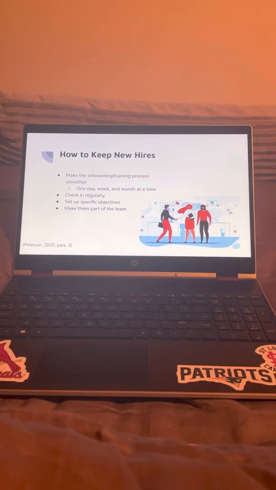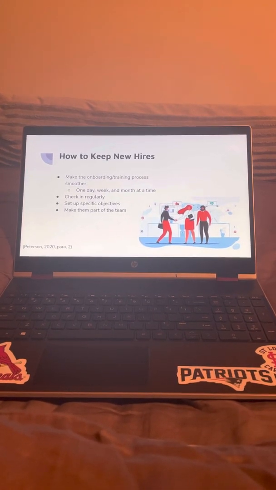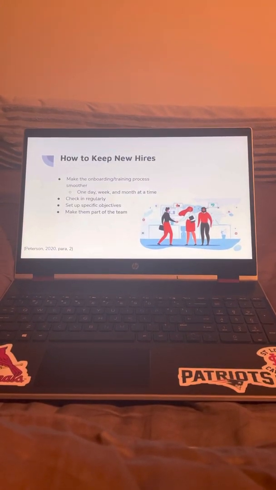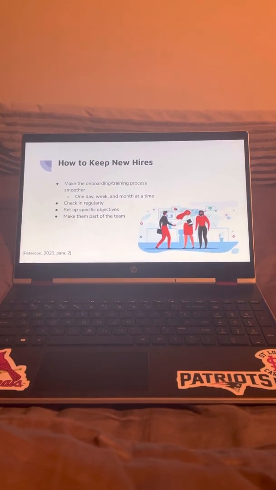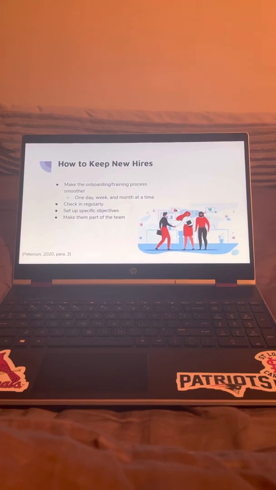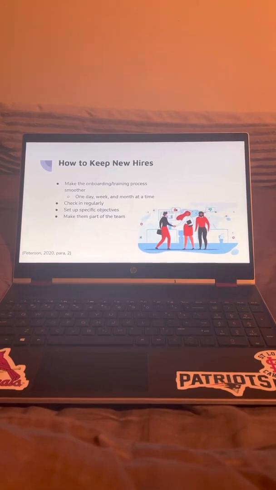That way there's no confusion. Everyone knows what they're doing every day, week, and month. You're not going day by day, confused, showing up with no plan. There's a set plan and things are going to get done.